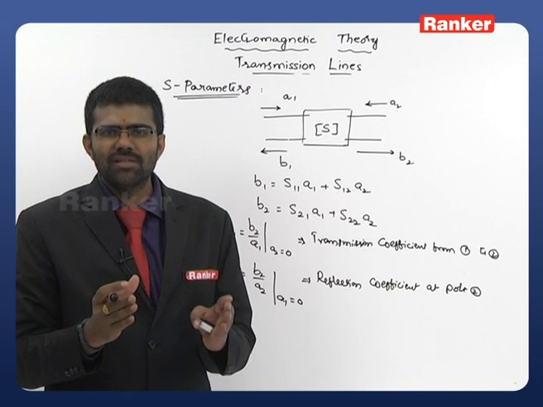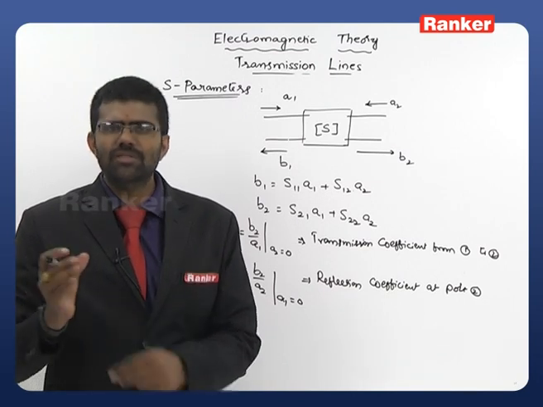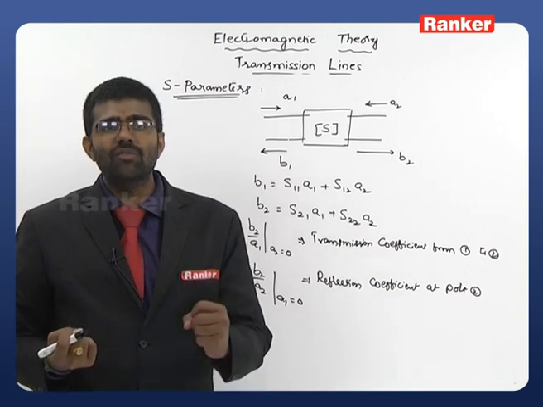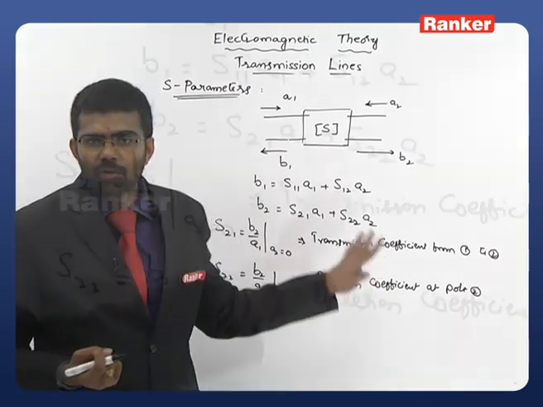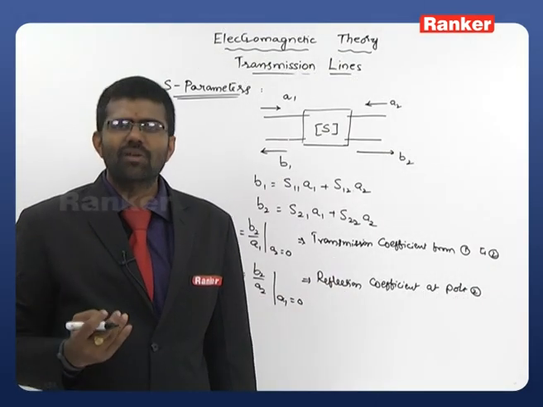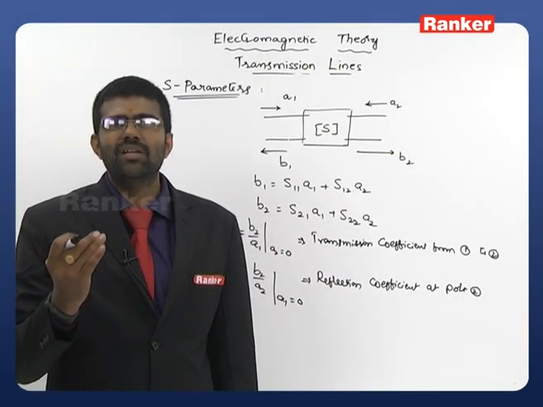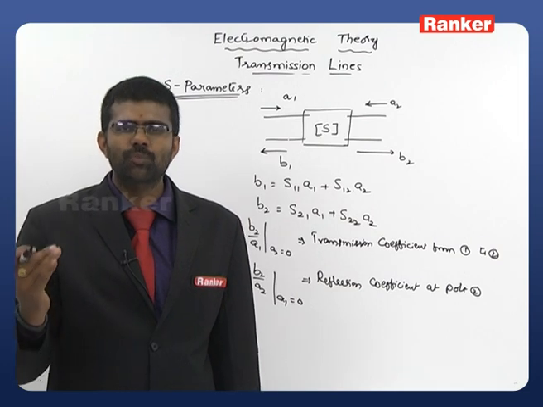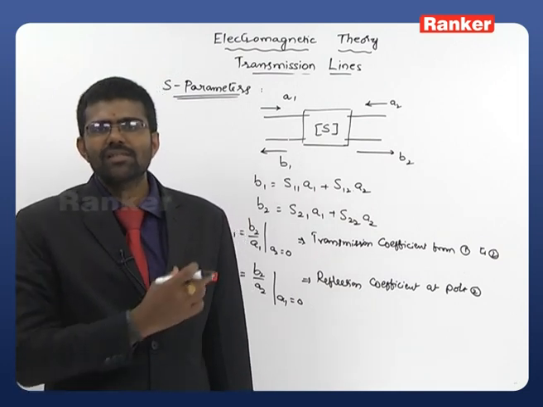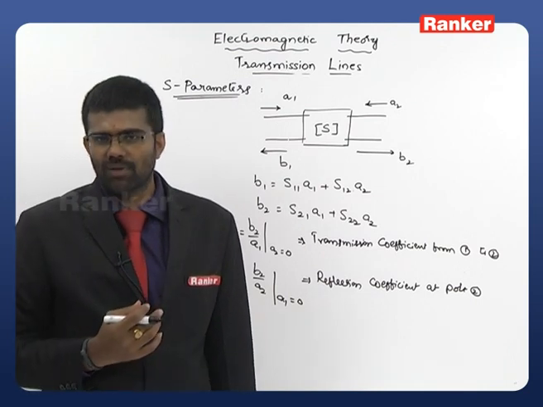Not only transmission line junctions, you can use it for microwave junctions also. Whenever a microwave junction is taken, it shows how the power will be distributed. Actually, they are not meant for power, they are meant for voltage, but the same analysis can be applied for power also. So how the power will be divided or distributed among all those ports can be analyzed using our scattering parameters, and this is a simple derivation and analysis of our scattering parameters.